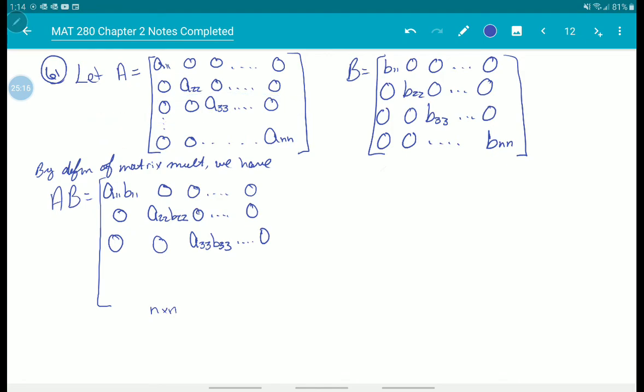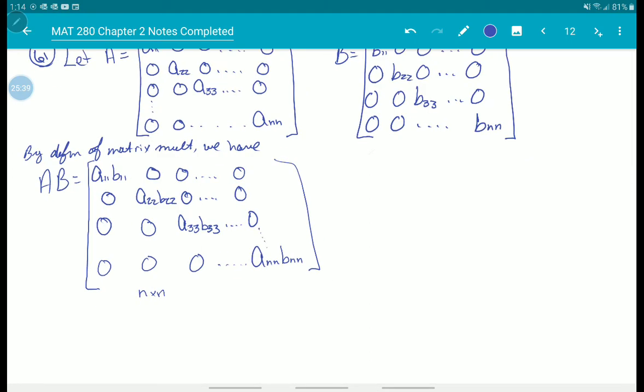So you can see that pattern coming out, and that's what we're looking for really when we see things in math, patterns. And then that last one, we're going to have 0, 0, 0, all the way down to that last one, which is going to be ANN BNN. So there's the product AB.